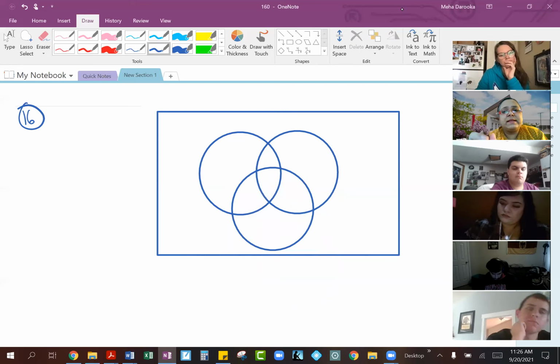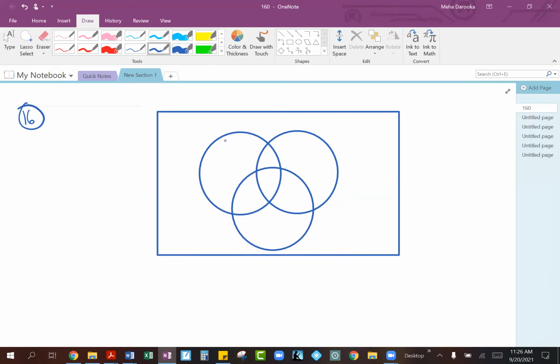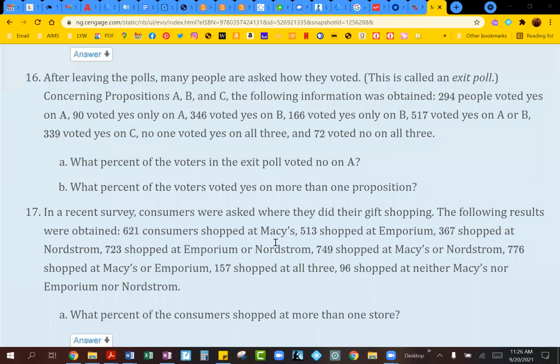Now we can label these for each one of the propositions. Let's use a different color. This one can be proposition A, proposition B, and proposition C. Now let's take a look at all the information that was shared. This is the information they obtained.